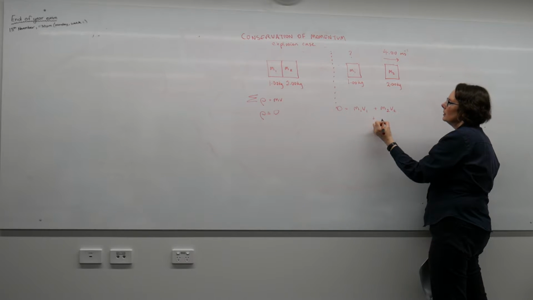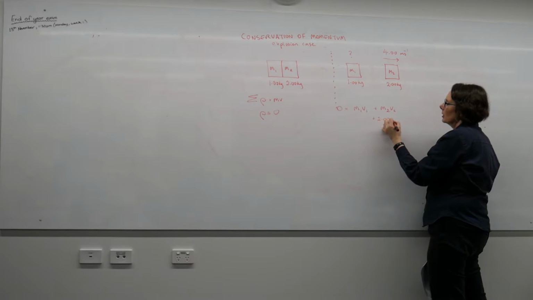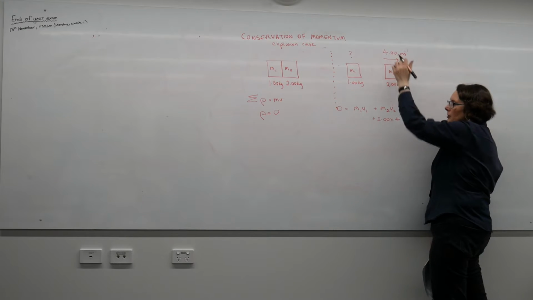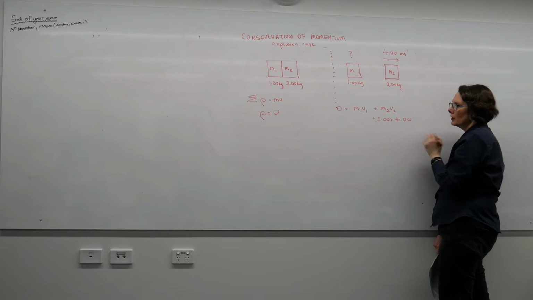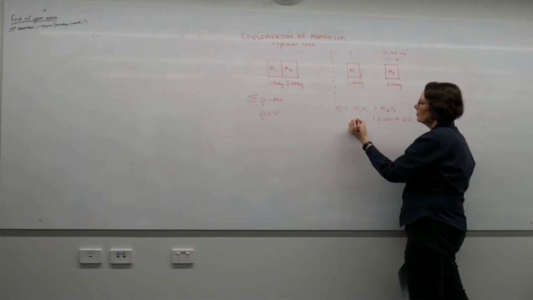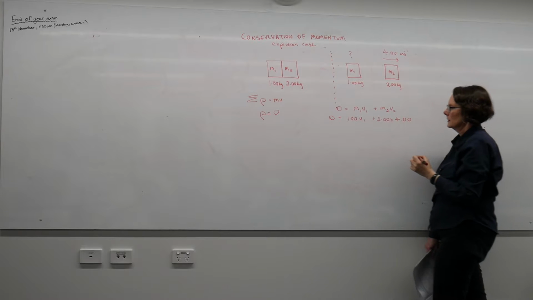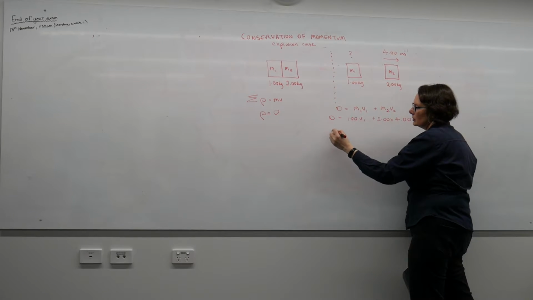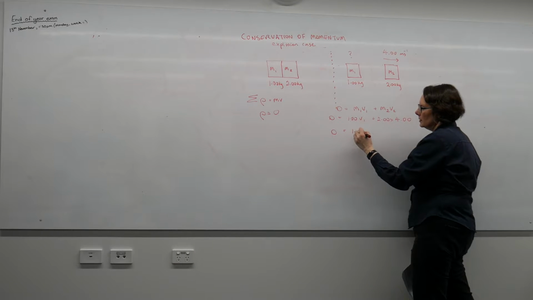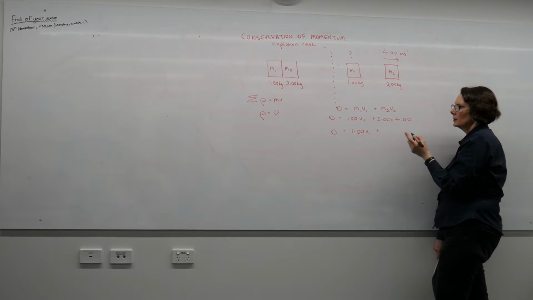We know everything that we need to know about this one. It's 2 times 4, and that's a positive 4 because it's travelling in the easterly direction. We also know the mass of this one, v1. So we'll have 0 is equal to 1 v1 plus 8.